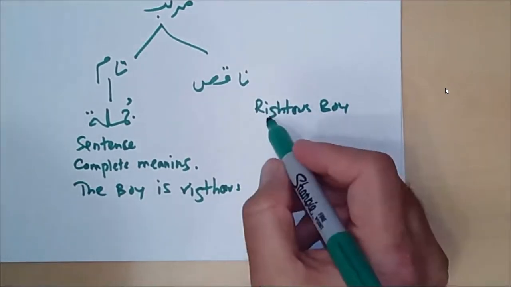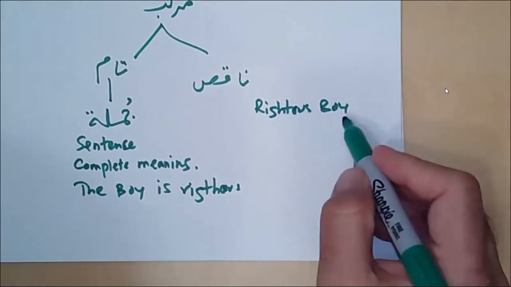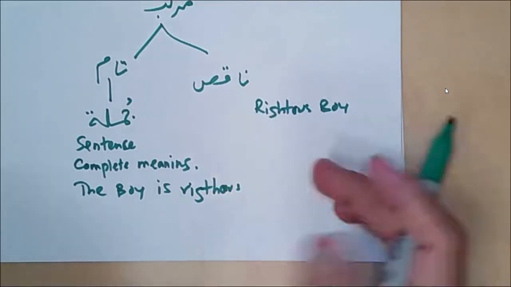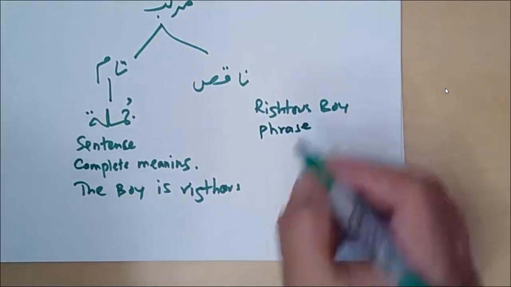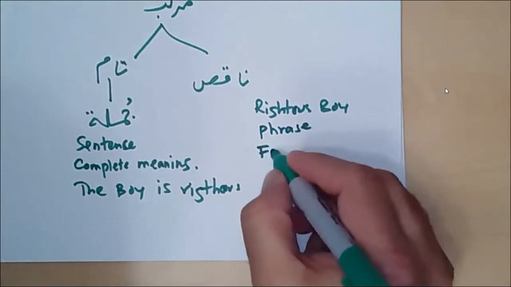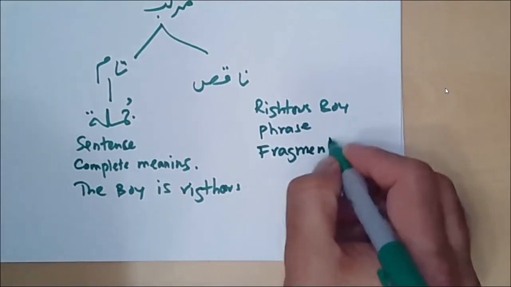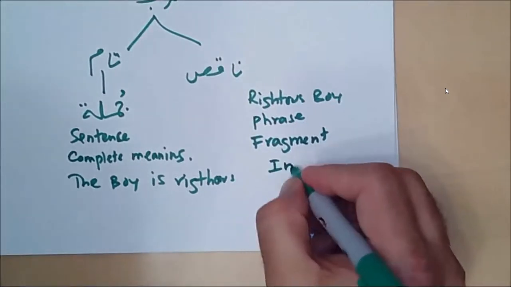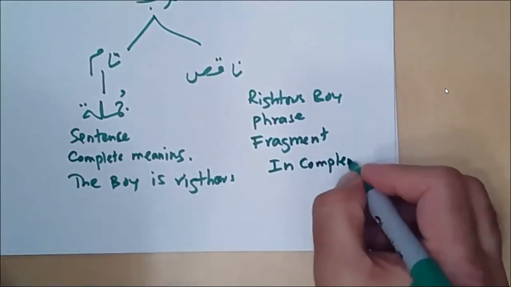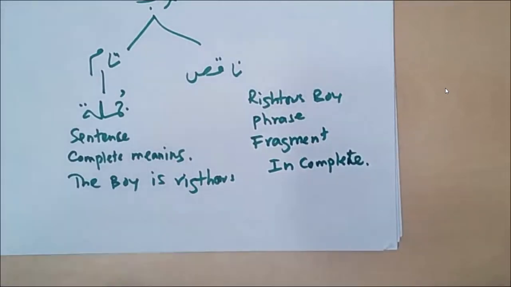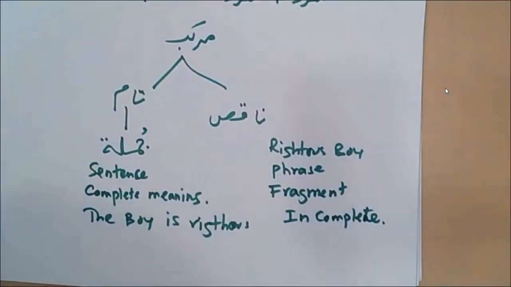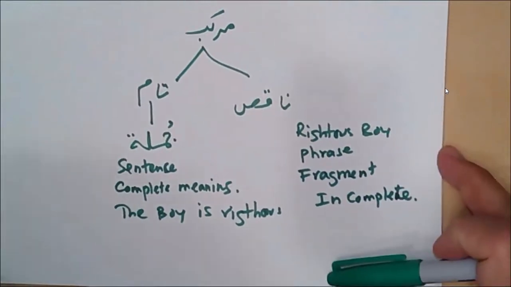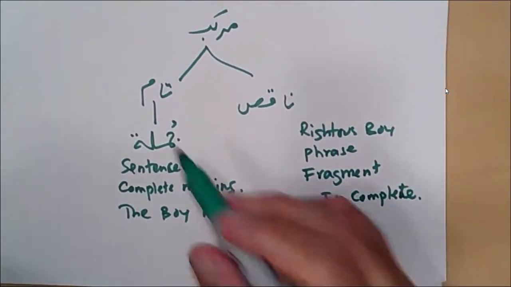I can understand that I'm talking about a righteous boy, but I do not know much about it. So something like this is called a phrase, or a fragment, which is incomplete. In other words, if I say murakkab tam, then what am I trying to tell you? That murakkab tam is something which is complete in nature, and it is a sentence.